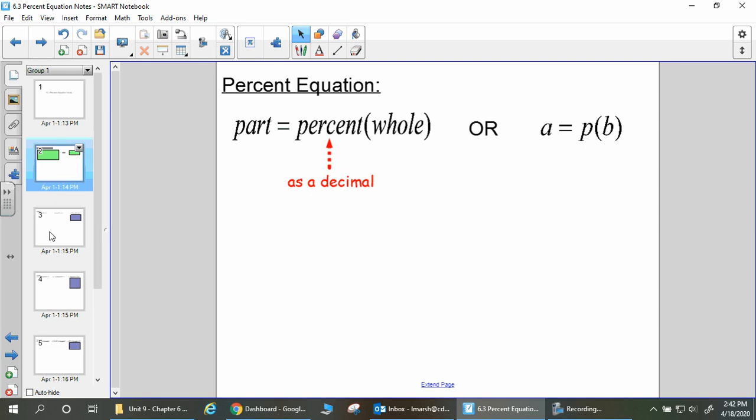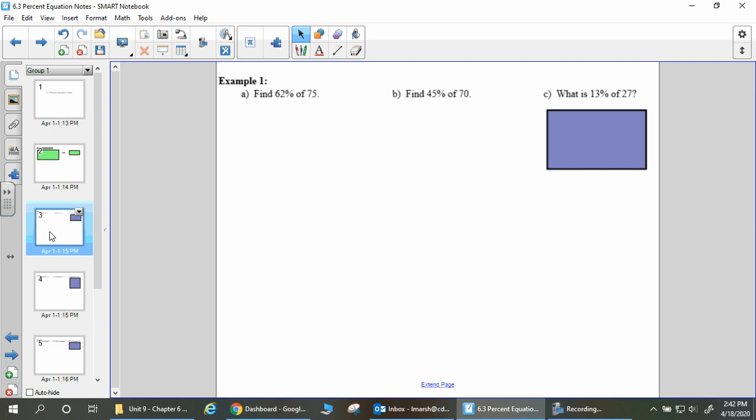So example 1, letter A says, find 62% of 75. A few things. First off, just like last time, "of" is still our key word. Of is still going to get us our whole value.